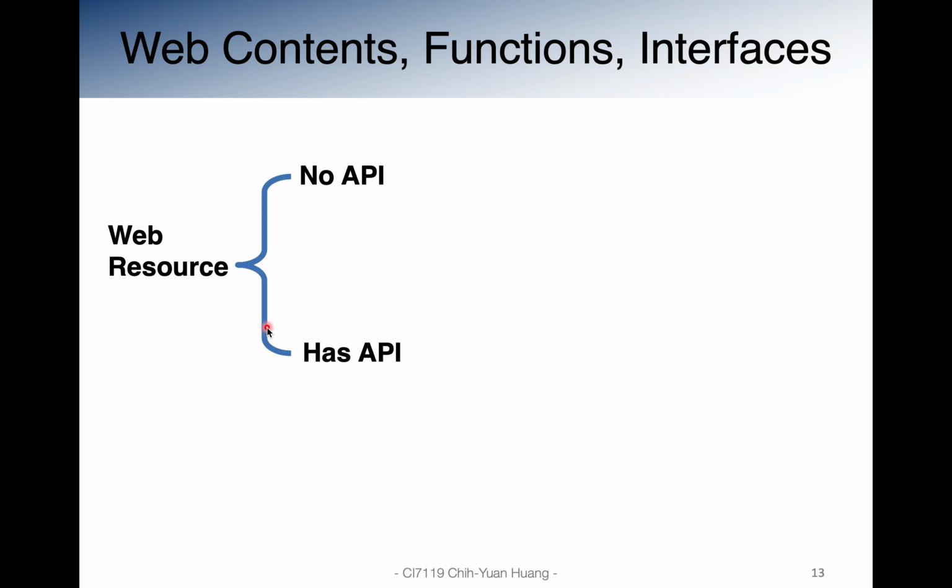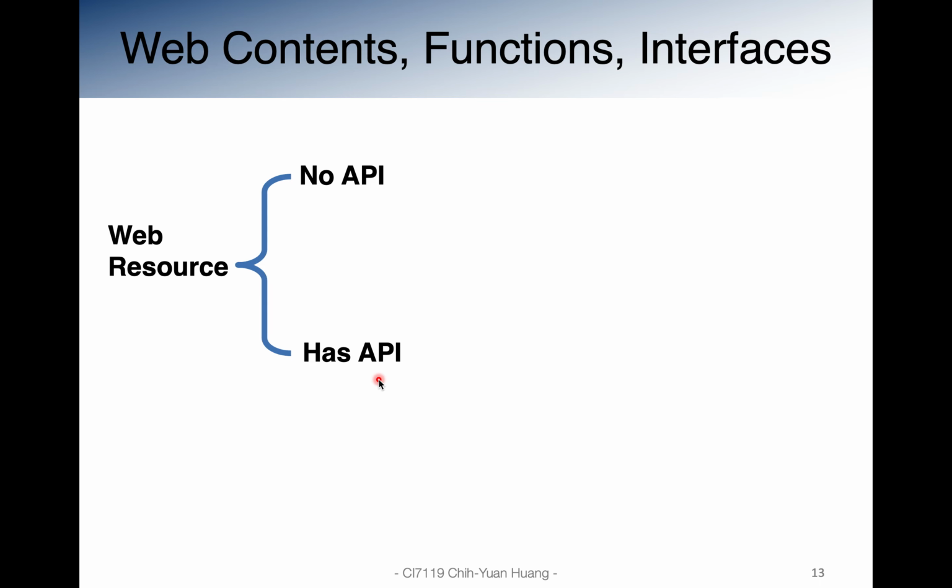this web resource. However, if that web resource provides an API, then it's kind of like the provider of this web resource has a certain mindset that this web resource could be reused by third-party applications.